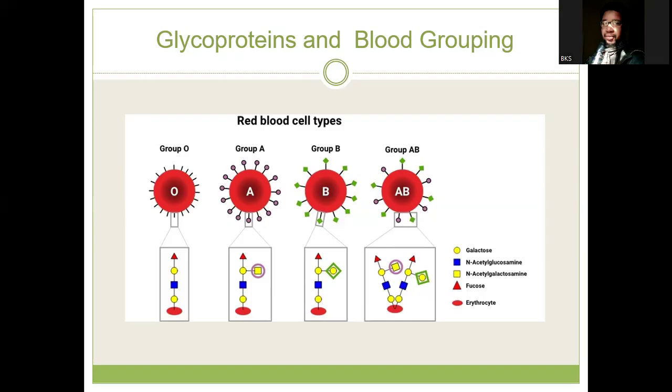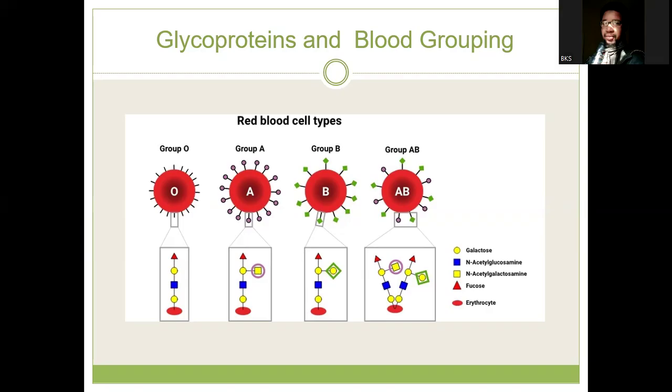Now, we have this type of membrane glycoprotein that is used to determine the blood group of an individual. So different individuals can have O, some can have A, some can have B, depending on what type of glycoprotein is expressed on the surface of your red blood cell.